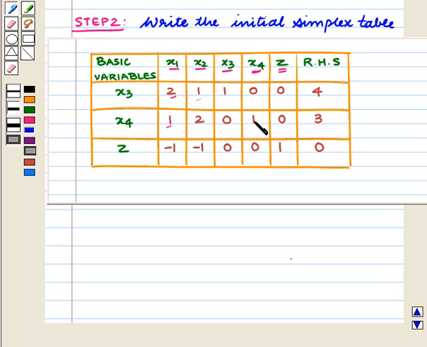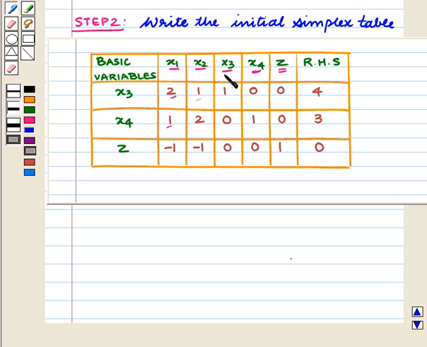First we have filled up the columns of x1, x2, x3, x4 and z. In these columns we have written all the coefficients of the variables from the equations. These columns form a coefficient matrix of the given equations. And in the last column we have written the values written on the right hand side of the equation.